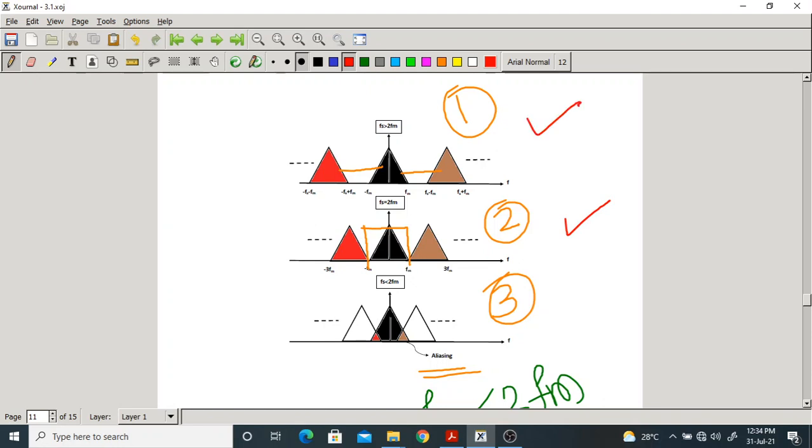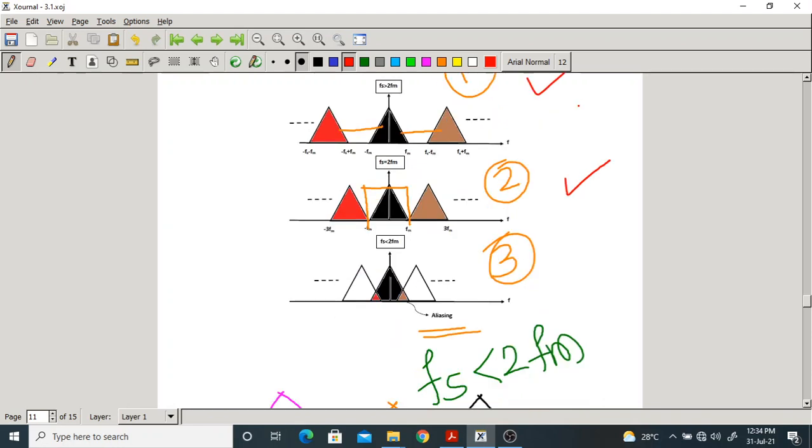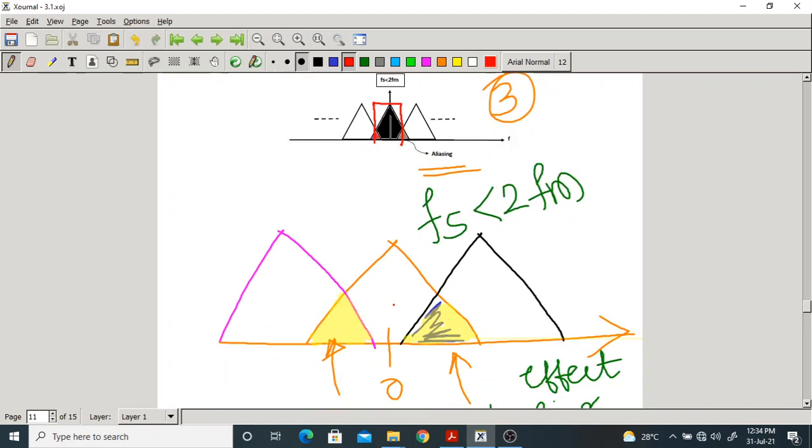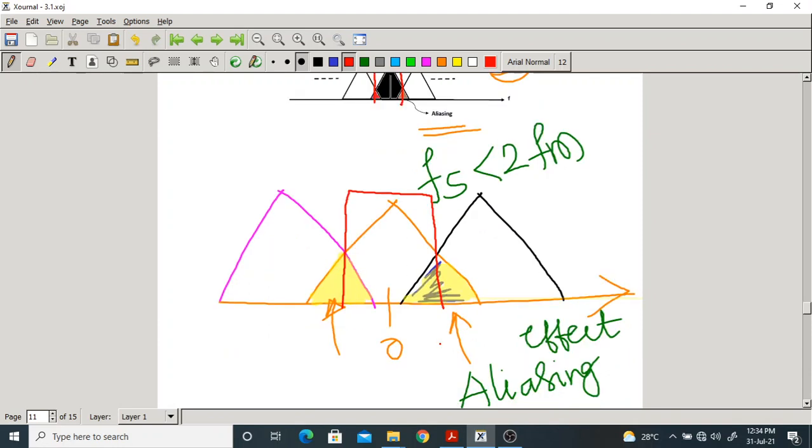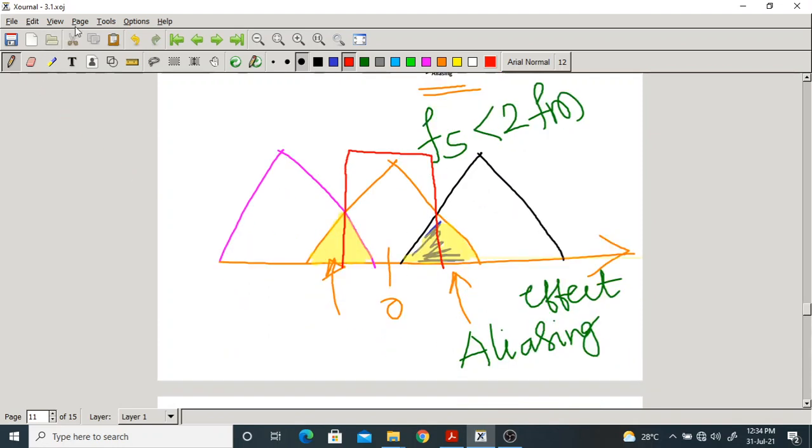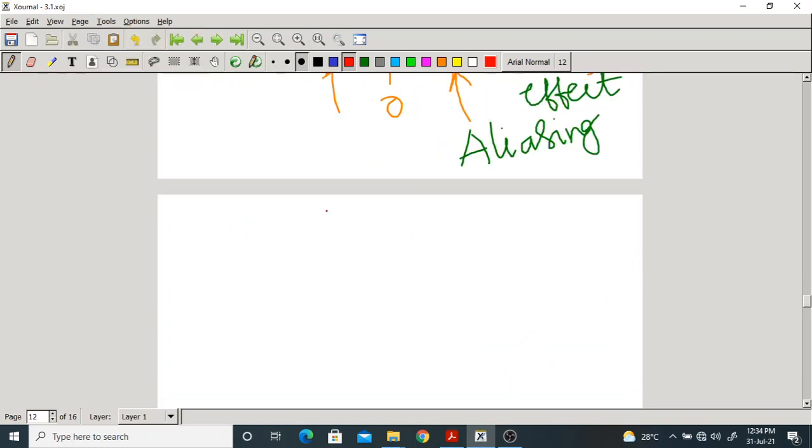Third case. In the third case, the copies of the original spectrum are overlapping. So even though you pass through an ideal low pass filter, what happens? You get a distorted version of m of f, not m of f. What output do you get? You don't get m of f exactly.